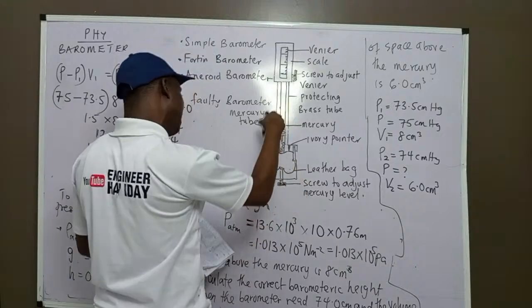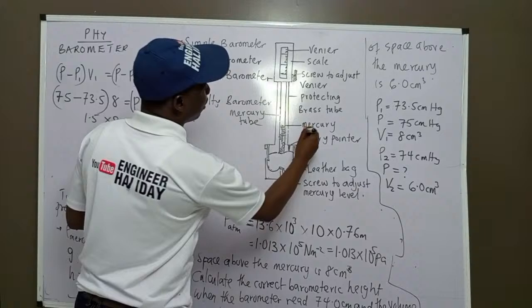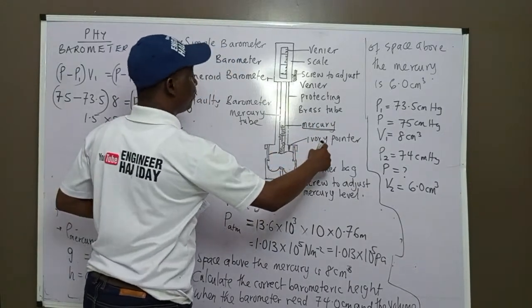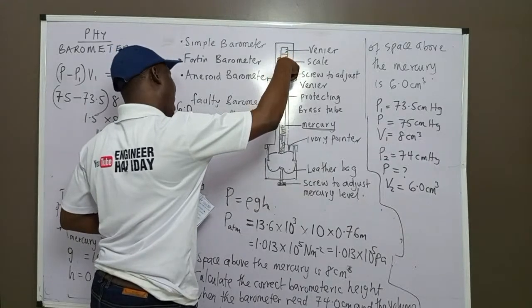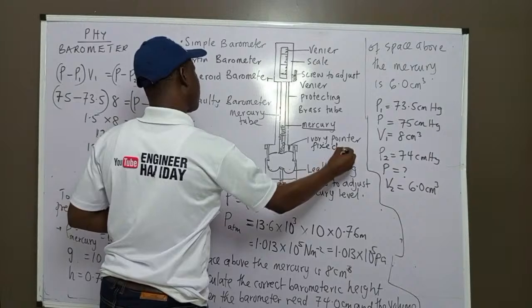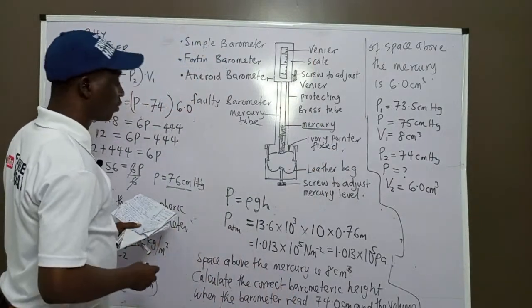And when it coincides with the 0 mark of the scale, we now measure the barometer there. So the mercury surface will decide, alongside the ivory pointer, the kind of scale we are going to have. You understand? Although this is a fixed ivory pointer, that's how it works.